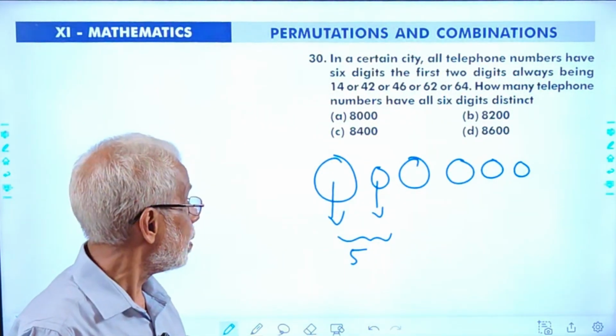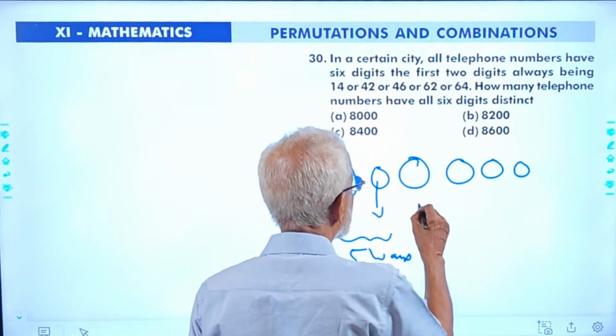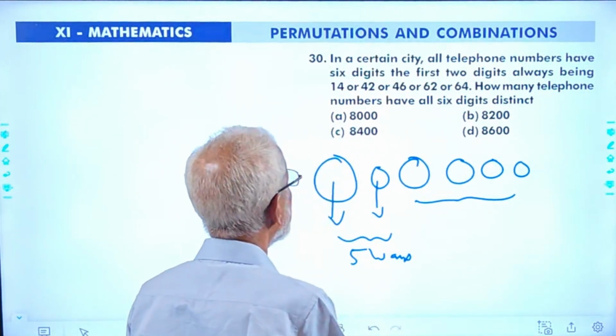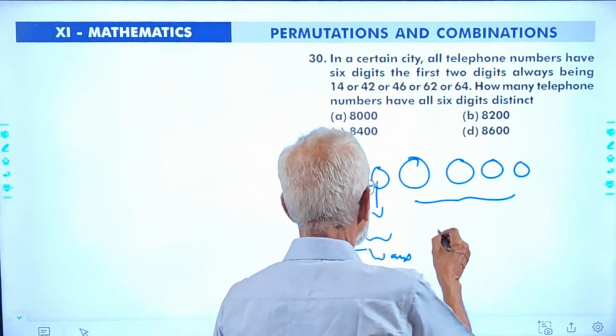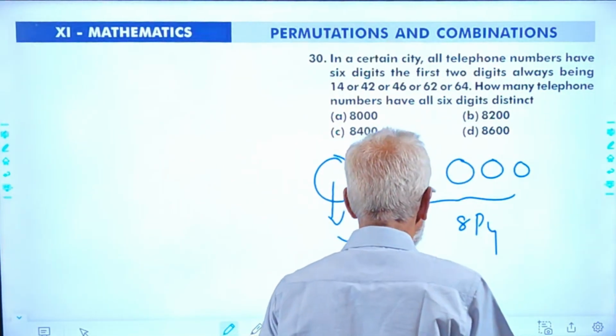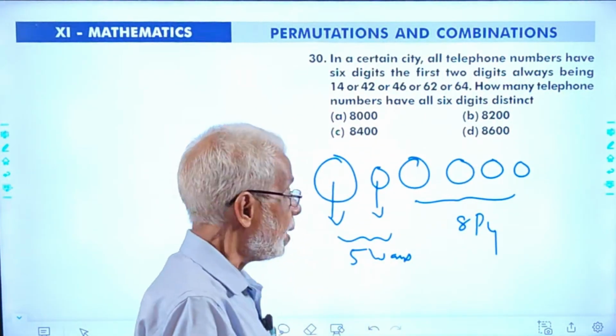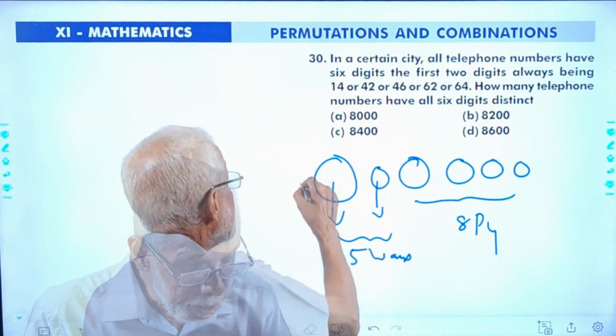For the remaining 4 places, 8P4, therefore the total number of ways is 5 into 8P4.